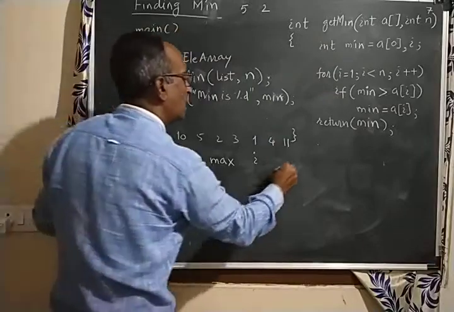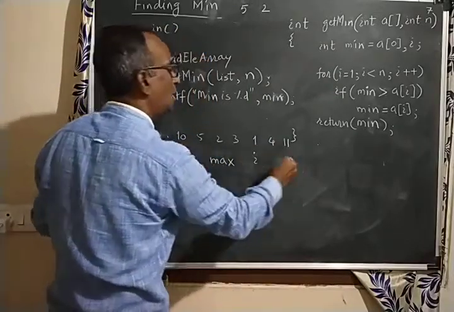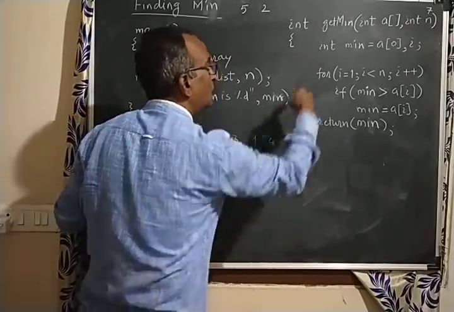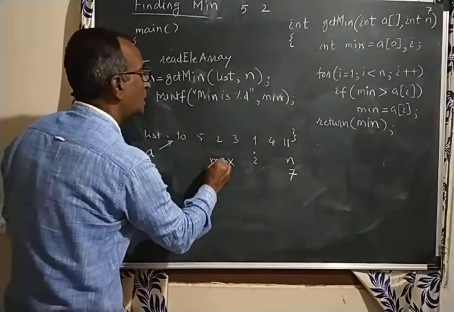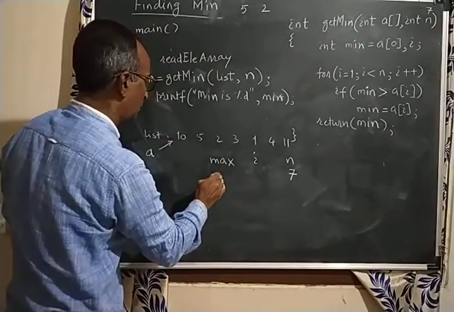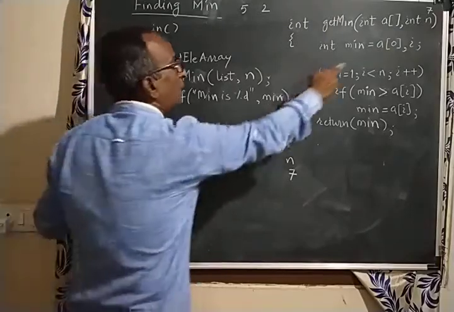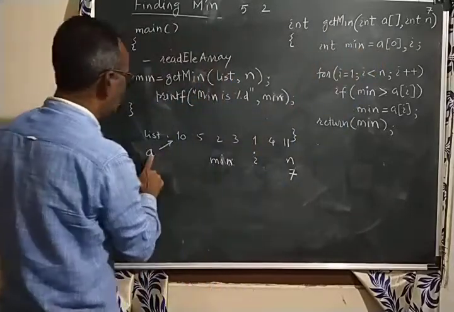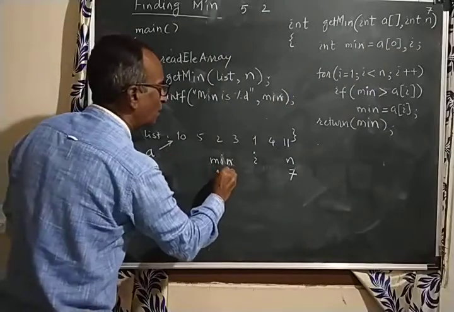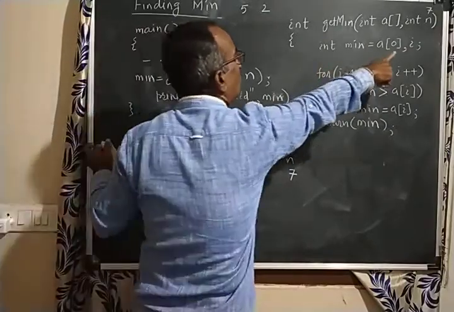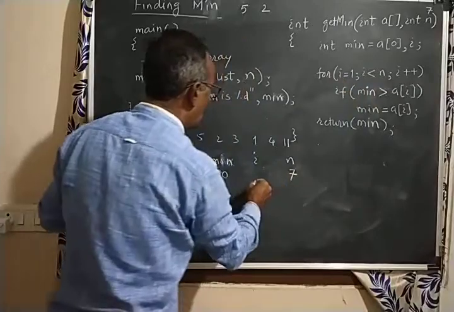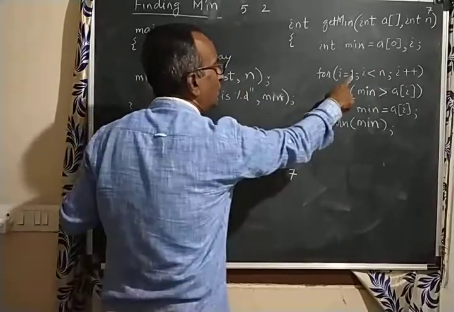What is n? 7 you are passing. So min, the first value you are giving is a of 0. A of 0 is 10, right? So here the I value is 1.